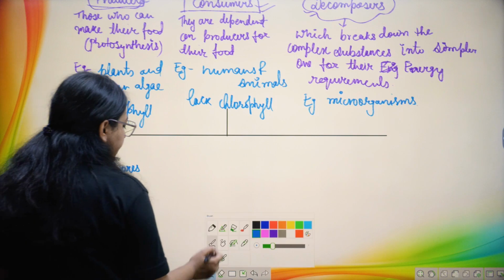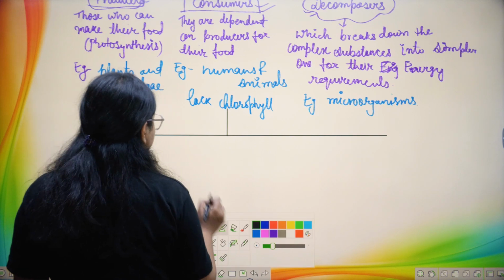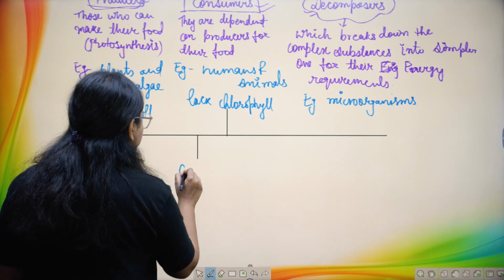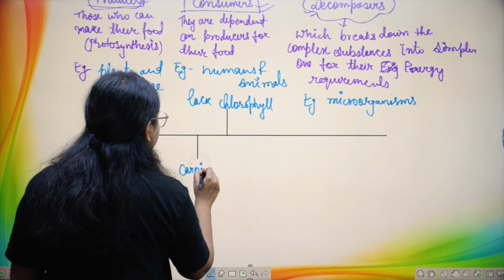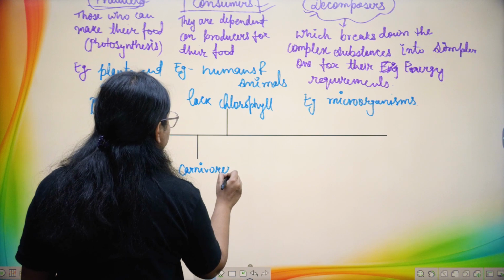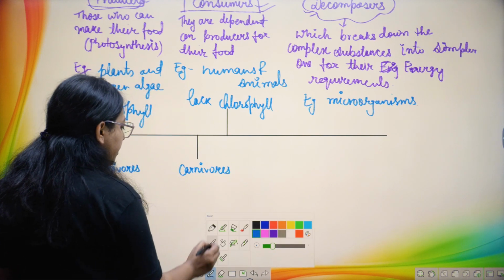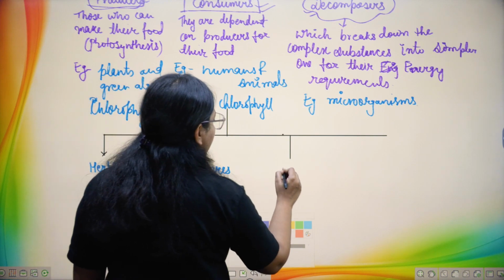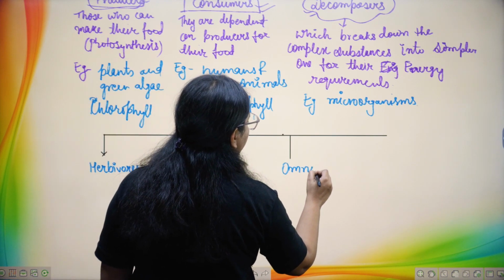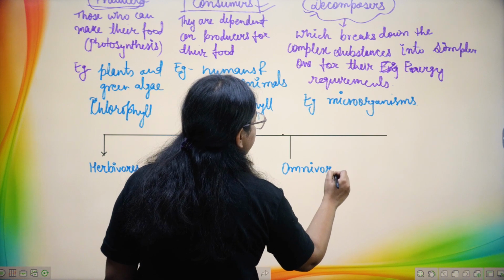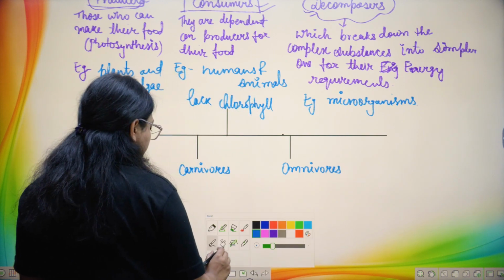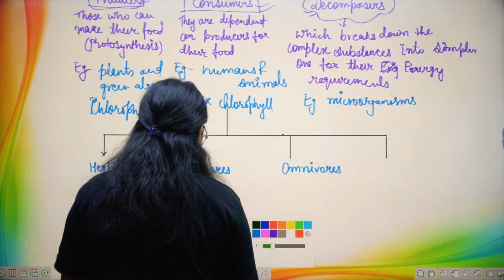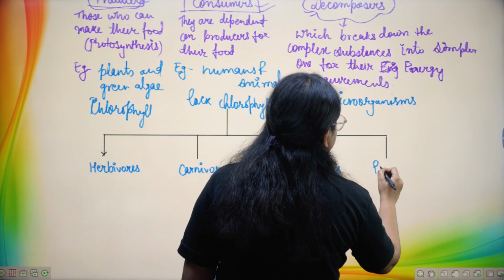Then comes the next part: they are carnivores. Third, they are omnivores. Fourth and the last part, they are parasites.